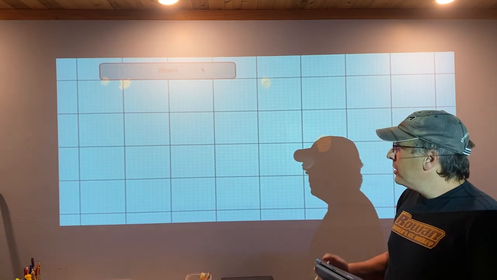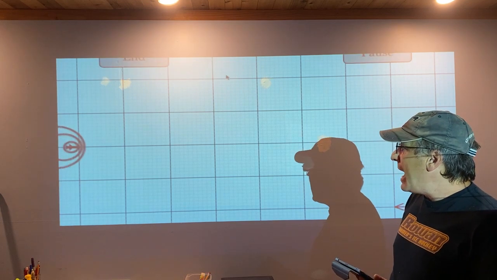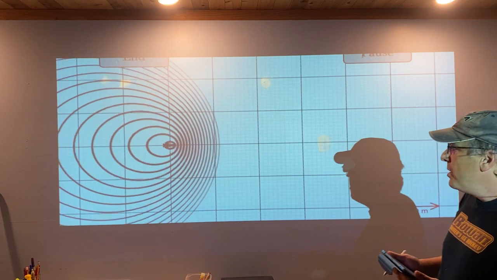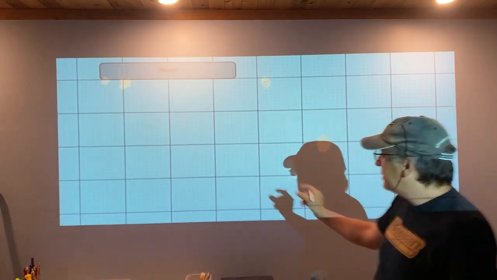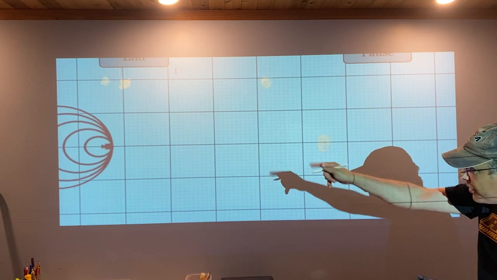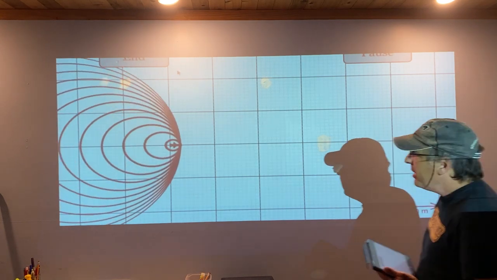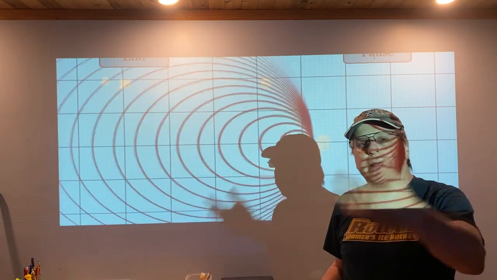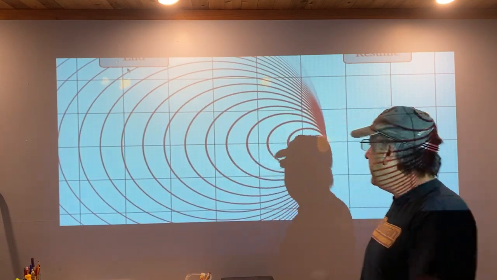Next, I'd like you to look at an object that is traveling at the speed of sound. This one's not quite there yet, but you can see it's traveling really fast and the waves got really close together. Now it's traveling at the speed of sound. Now the waves cannot get away from the object. All the sound waves pile up in front of the plane.